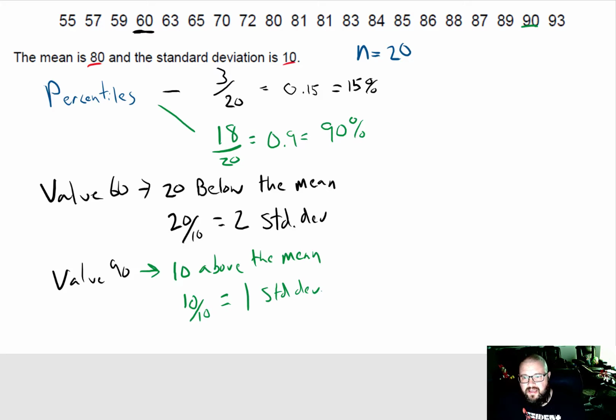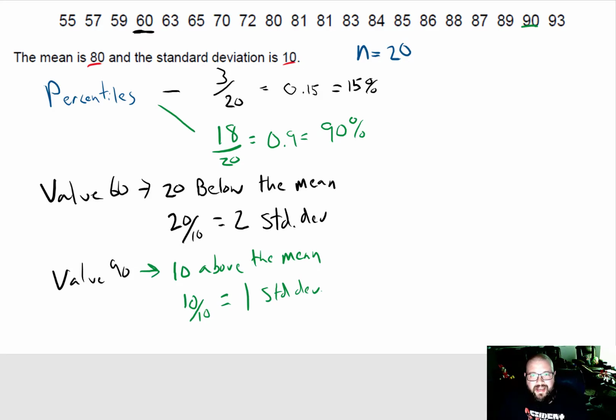So looking at that, the way you're probably thinking about it is that 60 was 2 standard deviations away, so should it be -2 or something like that? Yes, you can say that is -2 standard deviations away, and we'll get into a way to say that in the Z-score process.